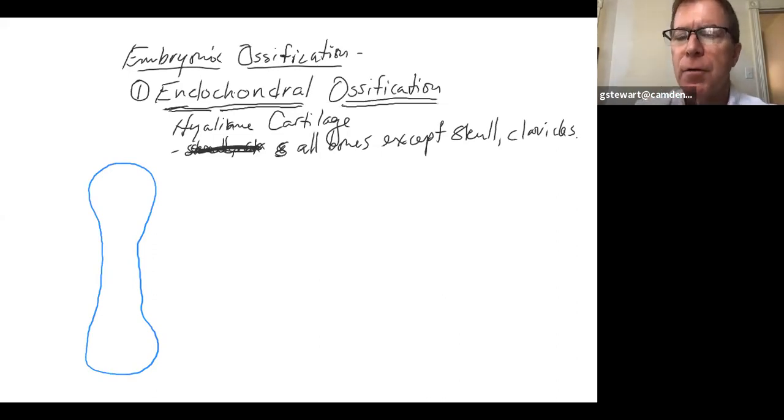The cartilage looking bones tend to look kind of cartoony. They're not very well formed. They're very basic shapes. So we start with this hyaline cartilage model inside of the uterus, and the bone actually ossifies from this model.